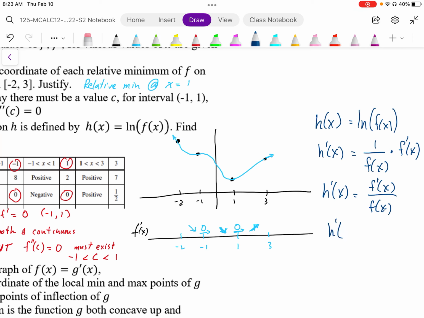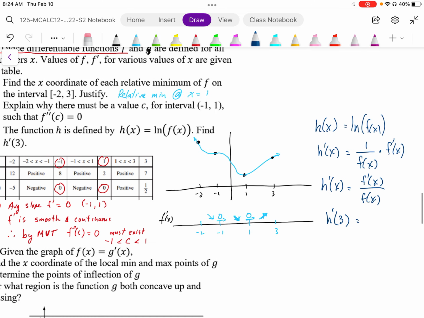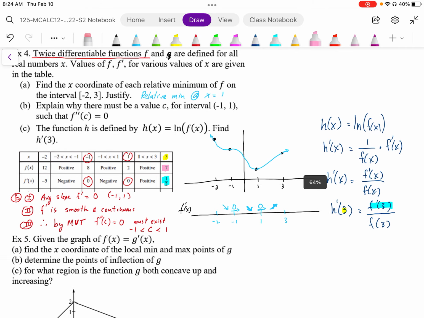To find the value of the slope at that point, I go back to my table at x equals 3. I need an f prime value at 3, which I have: f prime of 3 is 1/2. I also need an f of x value at 3, which is y equals 7.